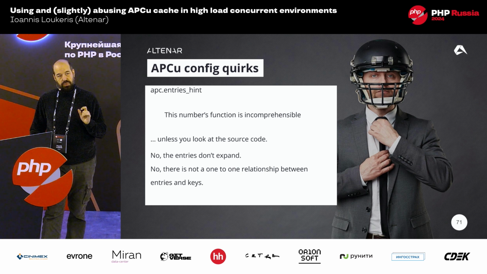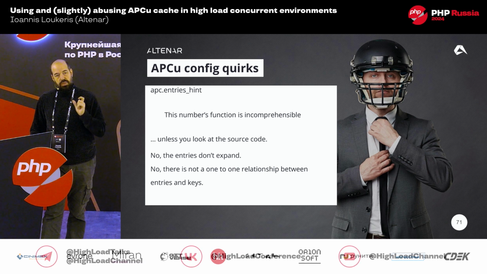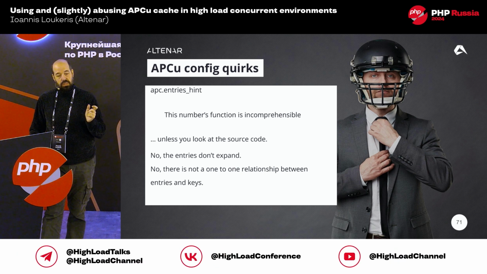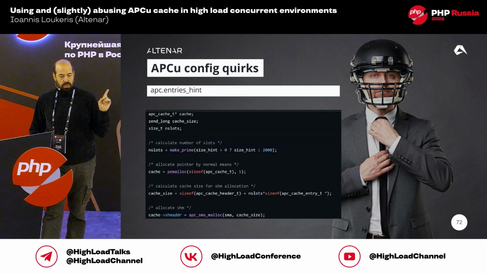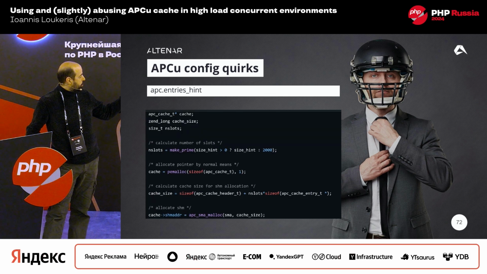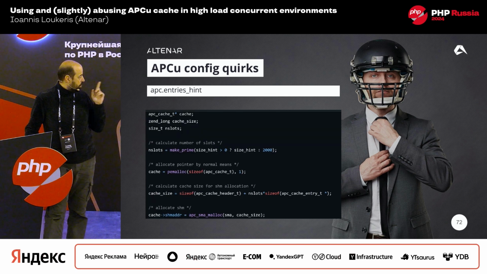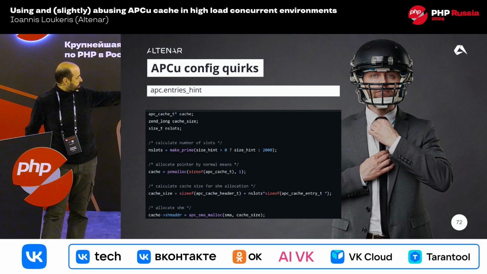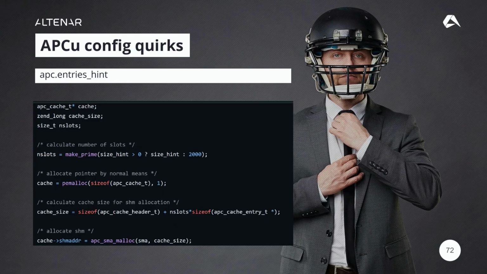You can have more keys than the actual entries that you get. This is where the memory is being allocated. Basically, the headers and the cache entries. That's C code, don't worry, it doesn't bite. I mean, it does bite, but it's fine. It's in the monitor for now, we're safe.